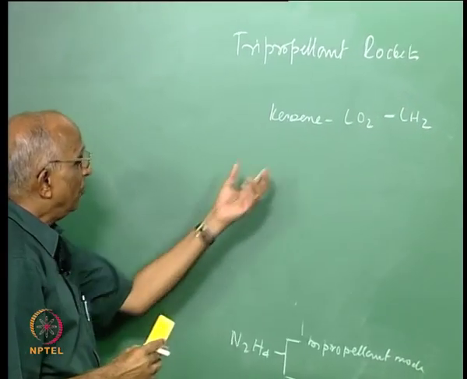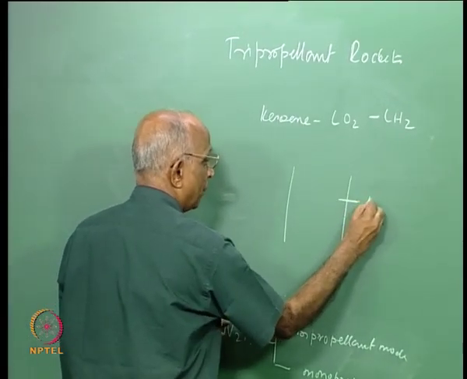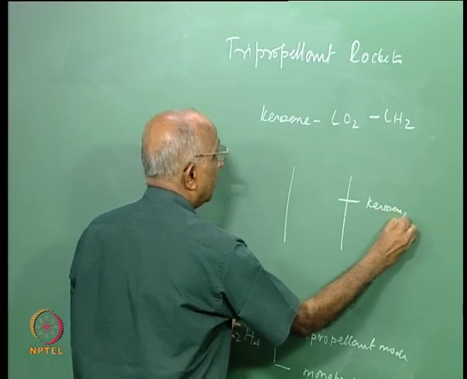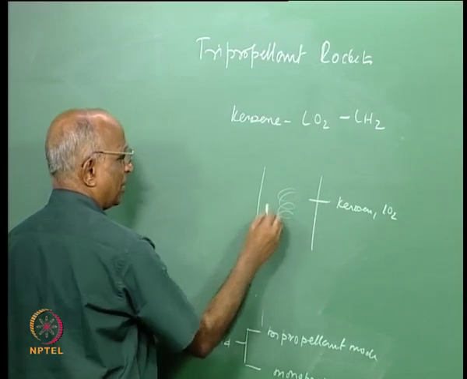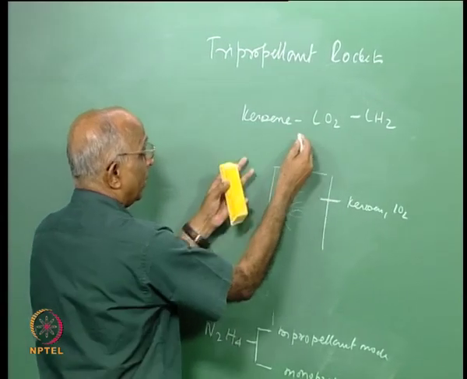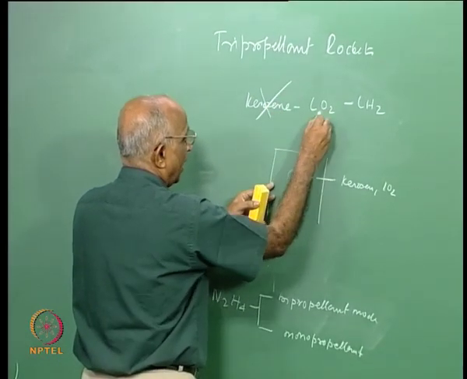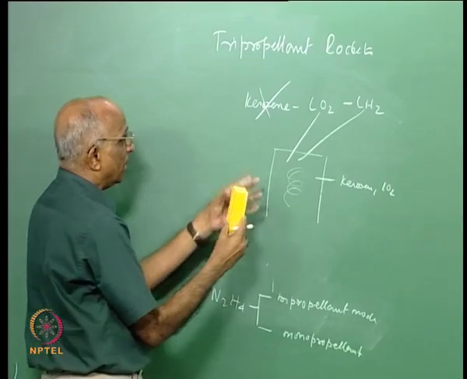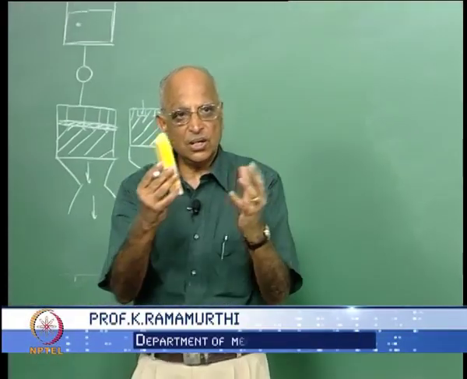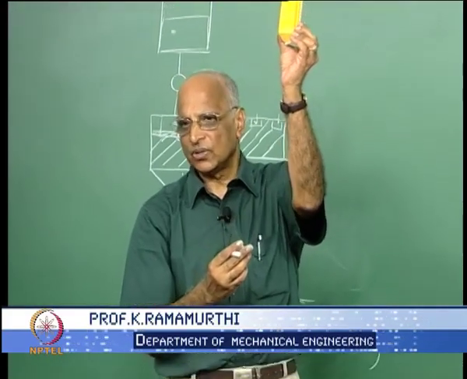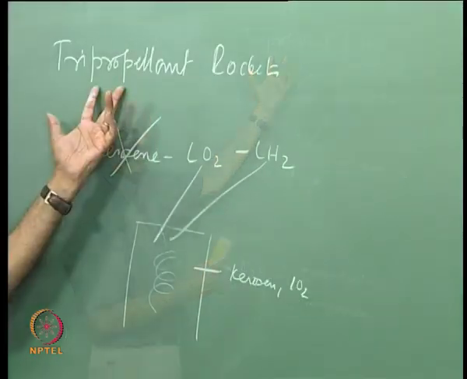Initially when I burn the system, I start burning kerosene and liquid oxygen together, and into this I can also add a little bit of liquid hydrogen which stabilizes the combustion. When the booster stage is over, into the same chamber I cut off the kerosene and use these two propellants, and this becomes a tripropellant rocket. The advantage of a tripropellant rocket is that a single rocket can be made to go to space. Well, it has still not been used, but there is some interest in having tripropellant rockets.